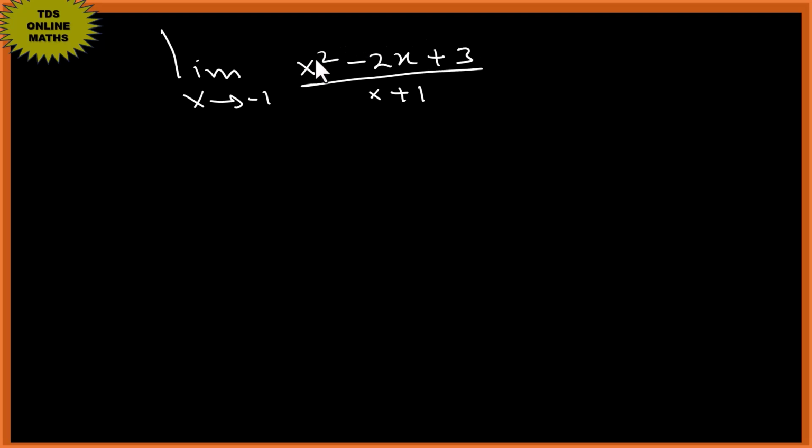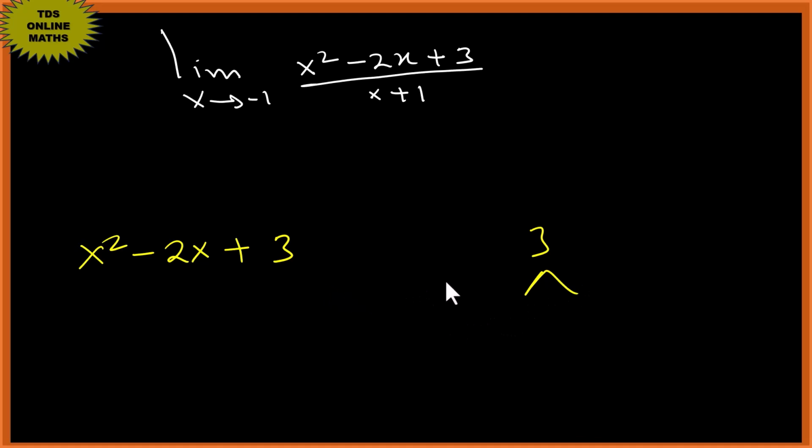So x squared minus 2x plus 3 is a quadratic factorization. So let's write the factors. We have 3 here, so let's find the factors of 3.